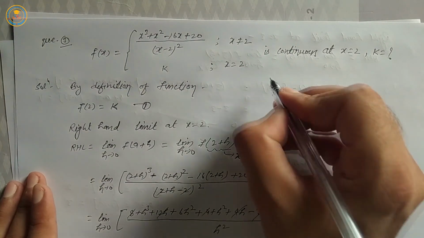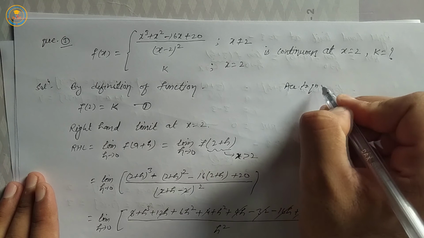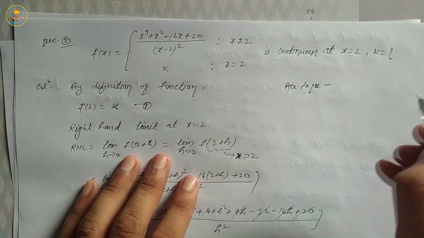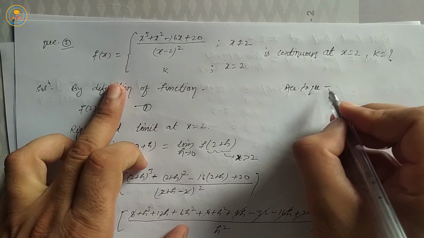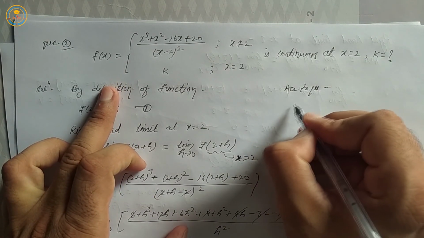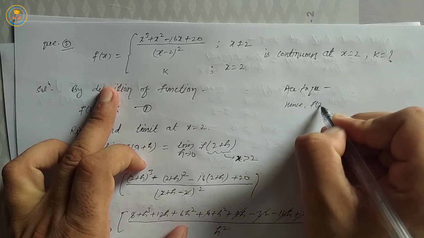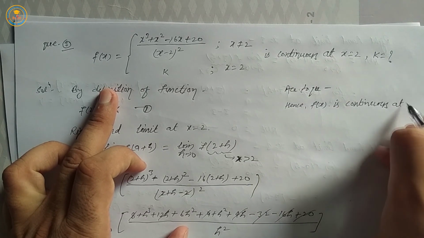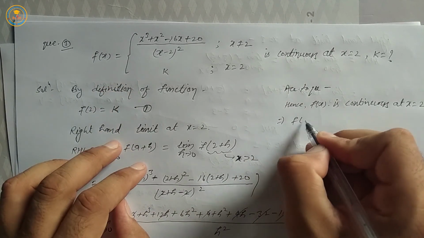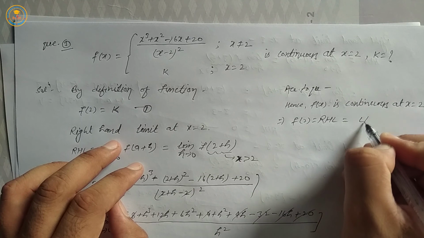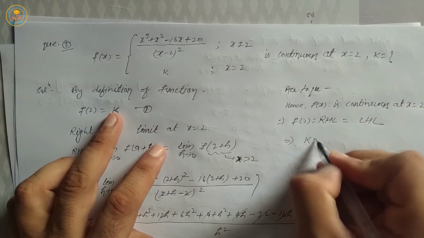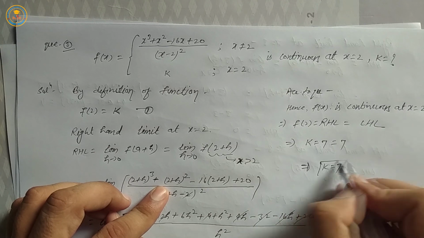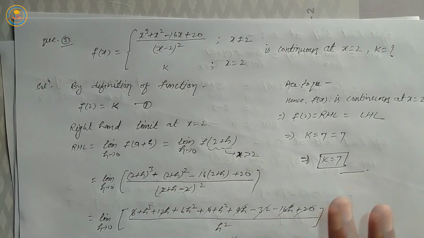So, according to the question, hence f(x) is continuous at x is equal to 2 implies f(2) is equal to RHL is equal to LHL, implies f(2) is equal to k, RHL is equal to 7, LHL is equal to 7, implies k is equal to 7. Okay, k is equal to 7.